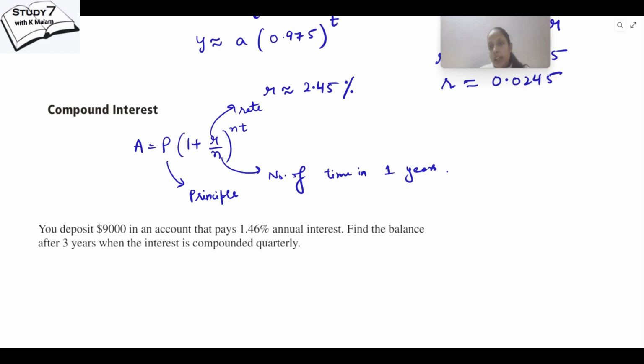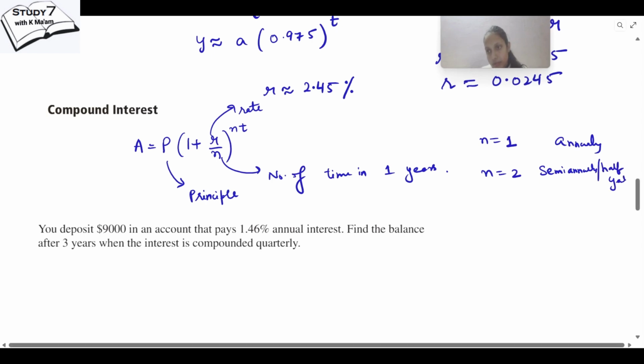N can be 1 if the question says the interest is compounded annually. N will be 2 if it says semi-annually or half-yearly. N will be 4 if it says quarterly.